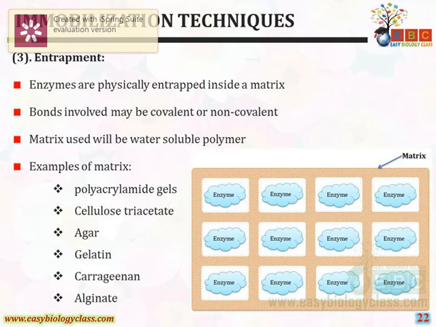Here non-covalent interactions as well as covalent interactions can be used to entrap the enzyme molecules inside the support matrix. The support matrix used will be water soluble polymers. Examples of matrix are polyacrylamide gels, cellulose triacetate, agar, gelatin, carrageenan and alginate. These are some examples. We will go to the next slide.